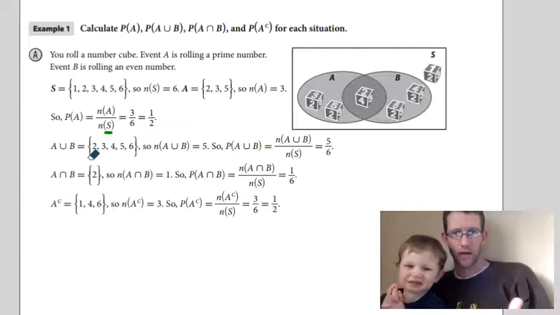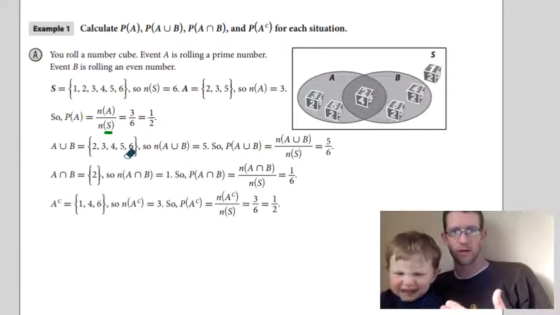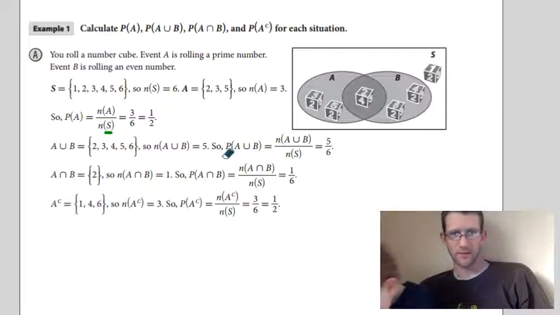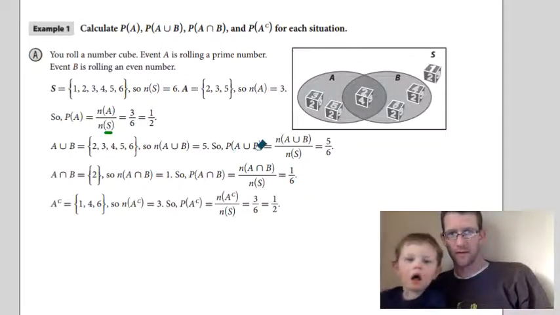It can be 2, it can be a 3, it can be a 4, it can be 5, it can be a 6, right? So the number of elements in that union is 5. So therefore, the probability of getting a number that is in the union of A and B is equal to the number of elements in the union of A and B over the number of elements in the universal set, or 5 over 6.